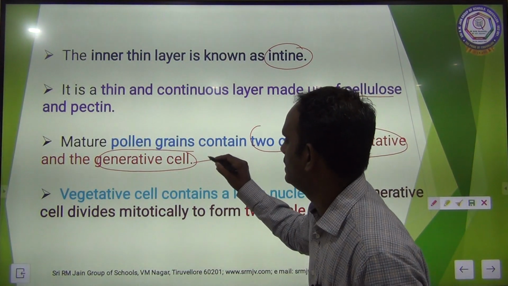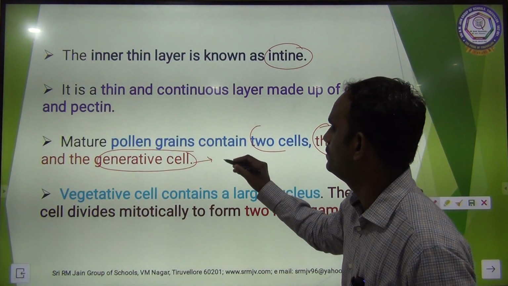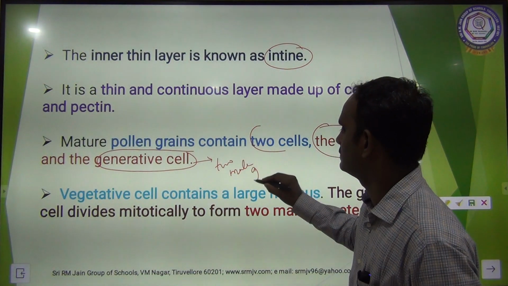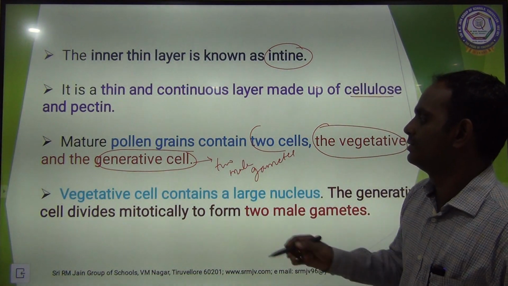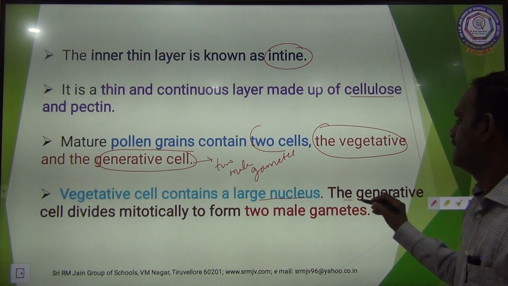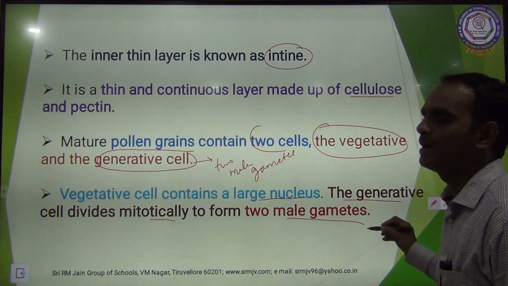The generative cell gives rise to two male gametes. Okay. The vegetative cell contains a large nucleus. The generative cell divides mitotically to form two male gametes.